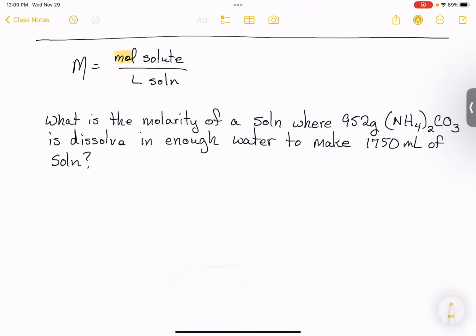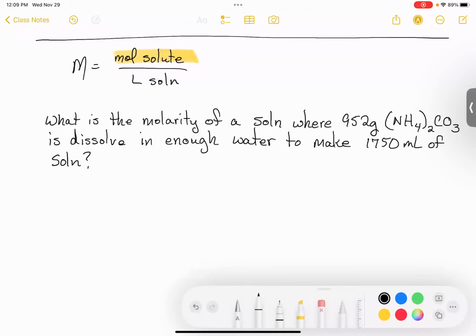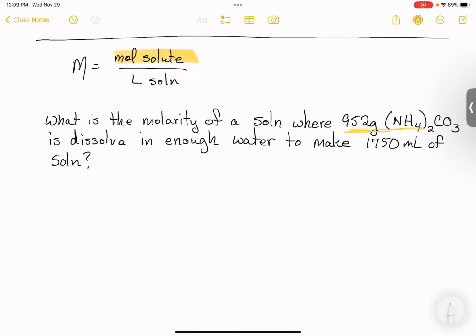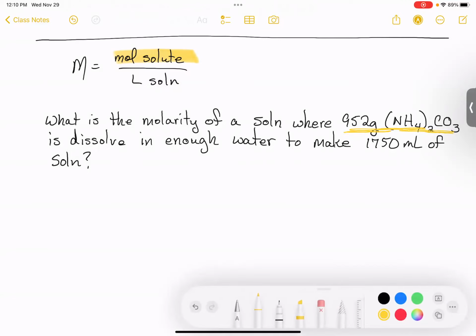First thing, I need moles of solute. Again, I was not given moles of solute. Instead, I was given the grams of my solute. And I can use grams and the molar mass to get to my moles of solute.